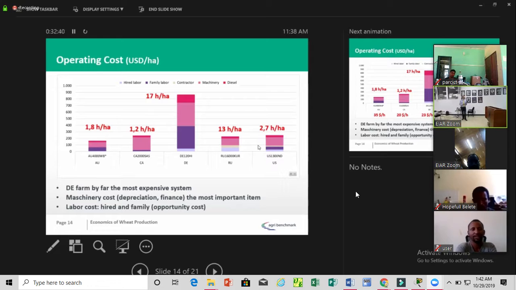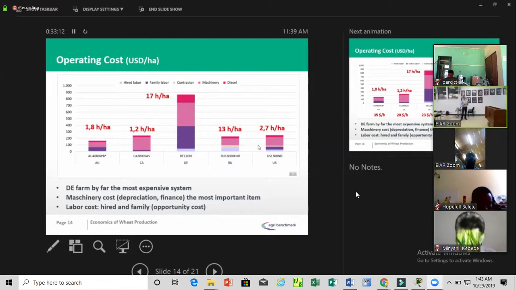What you can see here is that these guys here are very lean organized. They only spend in total less than 3 hours per hectare, but keep in mind the production system picture which I showed you, they very often just do seeding, 1 or 2 crop care applications and harvesting, that's it.